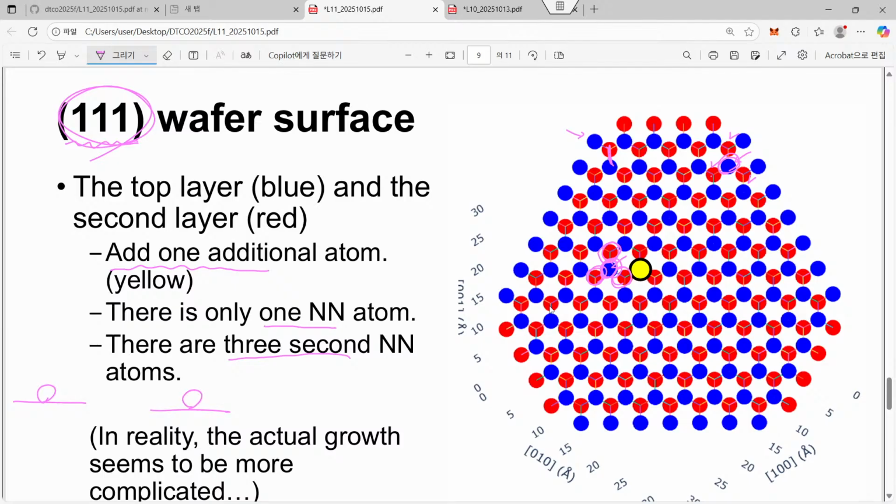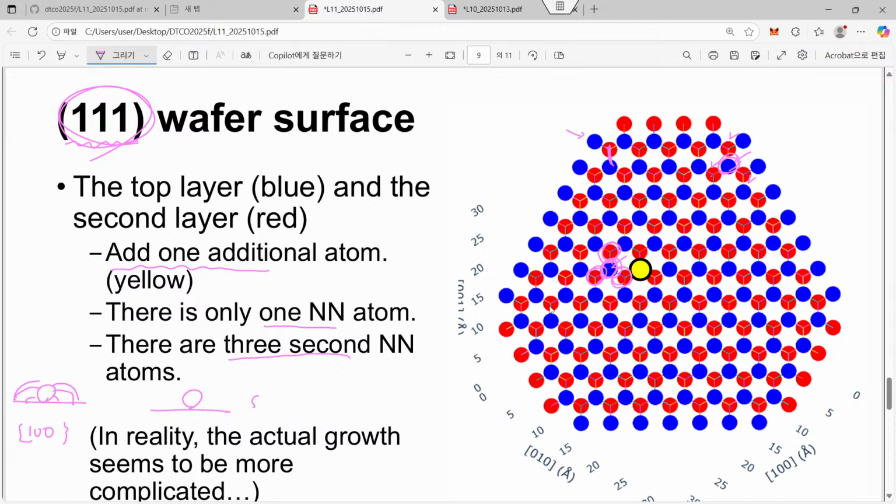If this corresponds to the 100 surface, then there are certain connections to keep it quite safe.